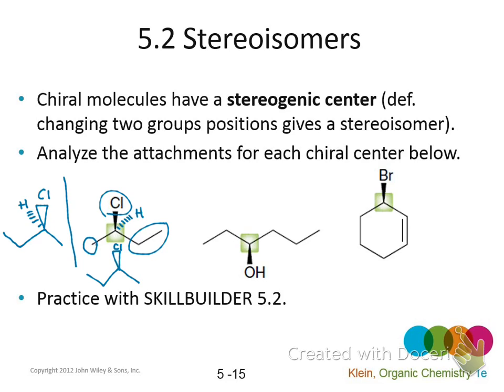Or I could switch the Cl and the H. Or I could switch the H and the ethyl, and I could switch the Cl and the methyl. I'm not going to do them all, but you guys, from handling the models, get that this will give me the stereoisomer, right?